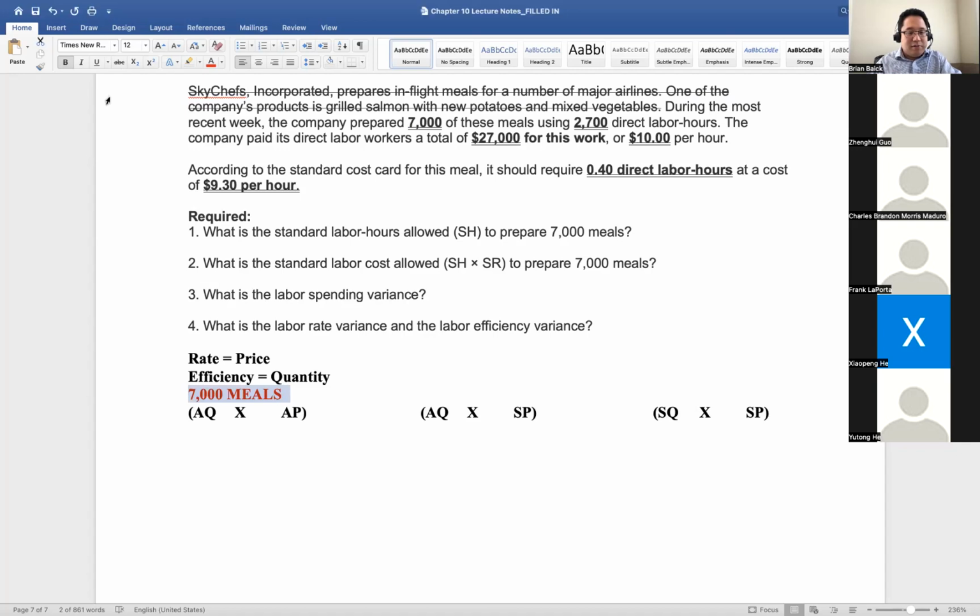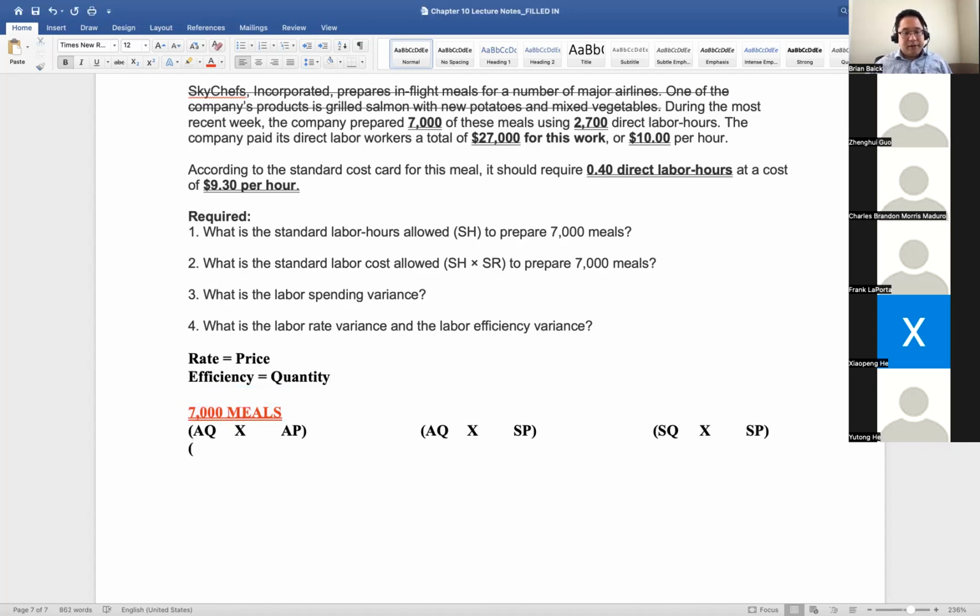So I'm going to write that down here. How many hours of labor did they actually use? It says during the most recent week, they actually made 7,000 meals, actually using 2,700 hours of labor, times, how much did they actually pay everybody per hour?